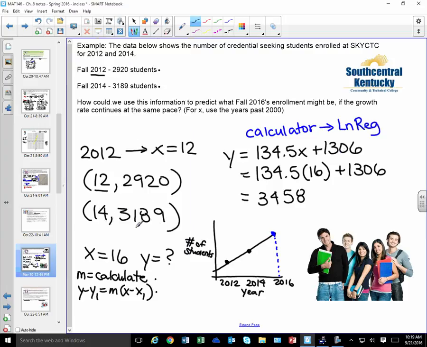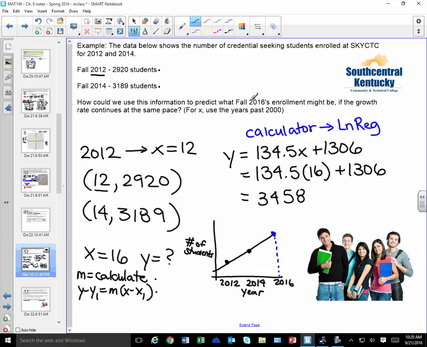You could also do this by hand by calculating the slope, y2 minus y1 over x2 minus x1. Once you find the slope, plug it in here using one of your points, and you can find the equation of the line and you'll get the same answer. This is just a neat way to use your calculator to help you with that.